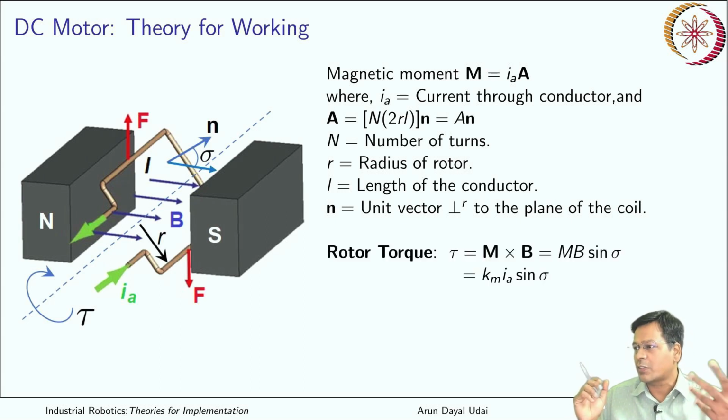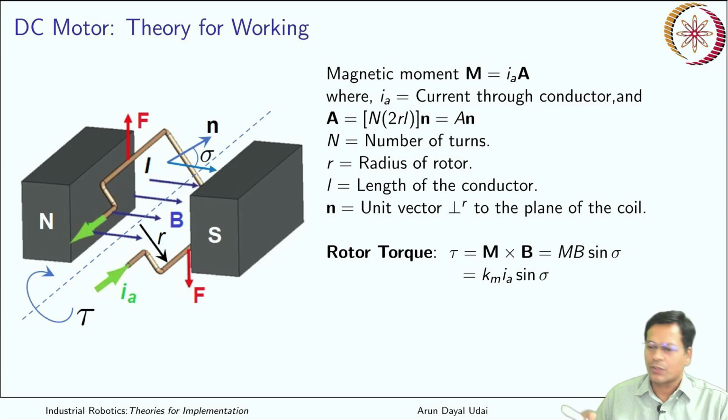Rotor torque is given by the magnetic moment cross product with the field, that is B. Effectively you will see M times B sine sigma. What is sigma here? Sigma is the angle between M and B, because it is a cross product. So effectively you will get Km Ia sine sigma. What is Km? I'll tell you.